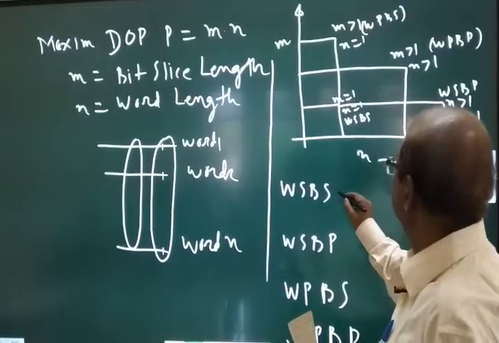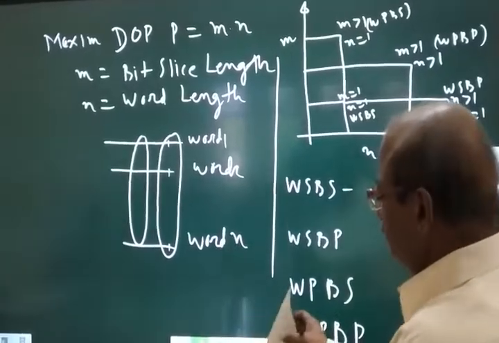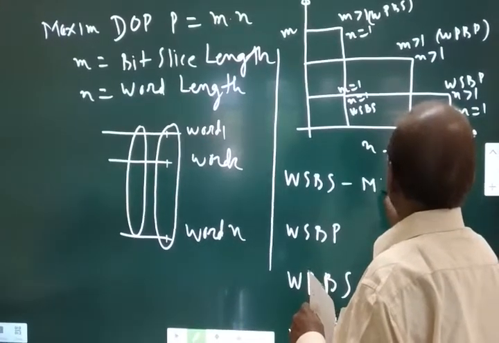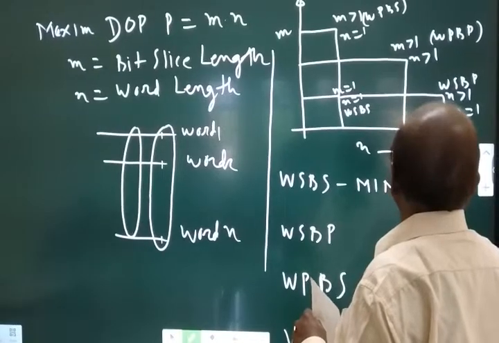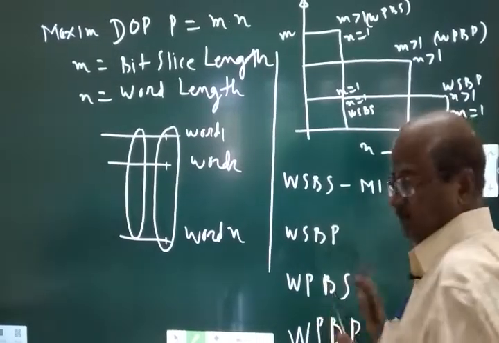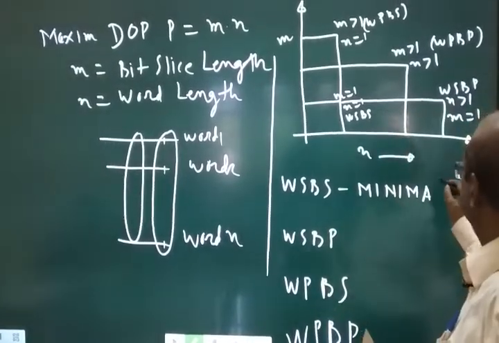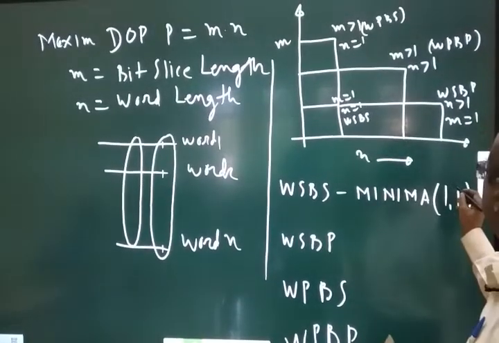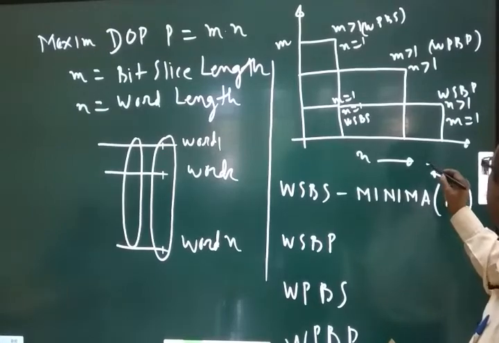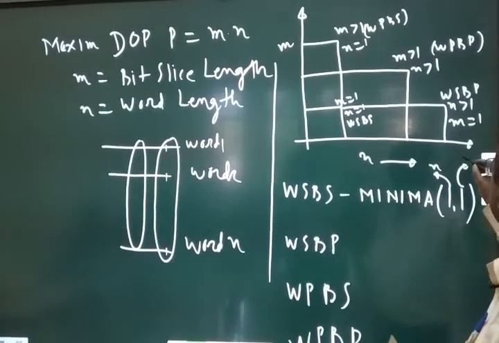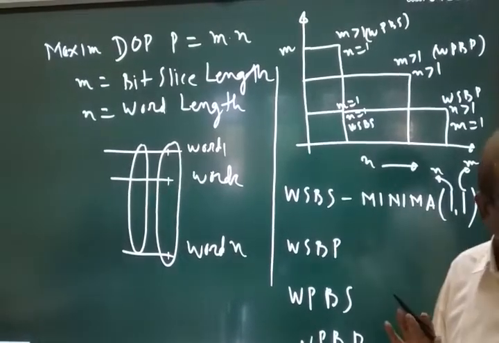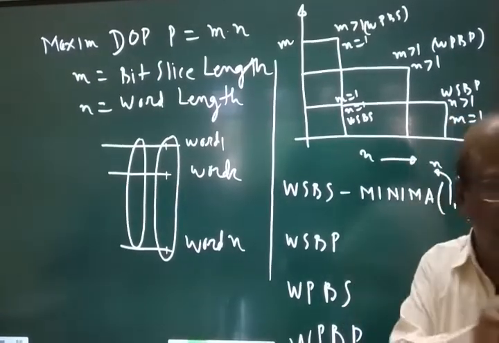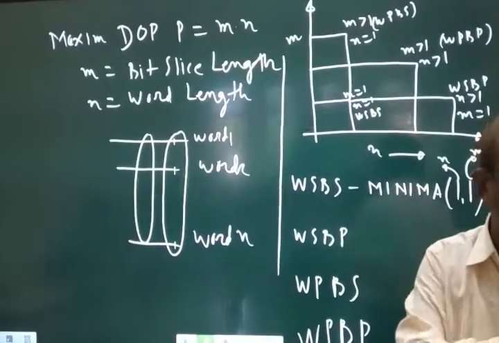Example of word serial bit serial is Minima. This is a name of computer. Minima 1 1, where this one is denoting N and this is denoting M. Okay. This is one computer. I am giving one example of each category, not more than one.